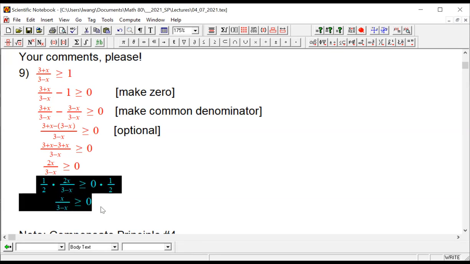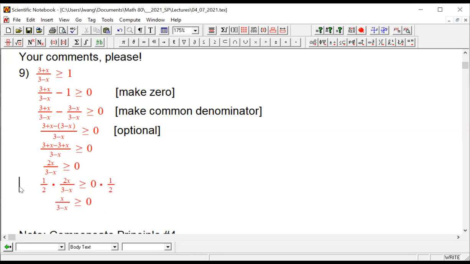This step is entirely optional, but it's a desirable step because it makes your final expression much easier. Compare this expression with number 7 and number 8. What do they all have in common?